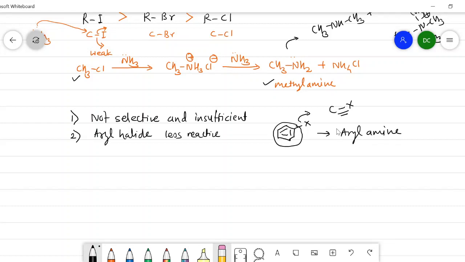Now we will see the second method, in which there is a conversion of unsubstituted amides into the corresponding amine by the Hofmann bromamide reaction or Hofmann degradation reaction in presence of alkali and halogen, that is either Br2 or Cl2. So we will see the Hofmann bromamide reaction.